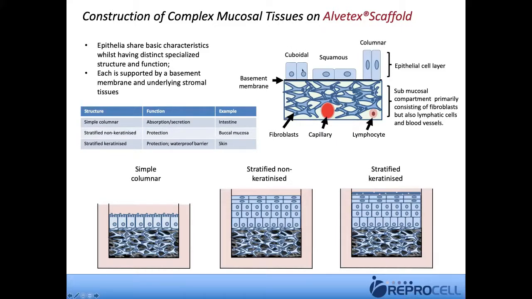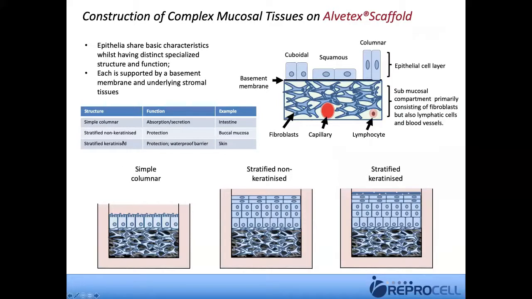We see the epithelia on the surface, the basement membrane, and then underneath we have the submucosal compartment, which consists primarily of fibroblasts, but of course, in reality, you have other populations of cells present, for example, blood capillaries, lymphocytes, nerves, etc. So what we're interested in doing is using this Alvetex technology to recreate those structures in vitro in a robust and reproducible manner.